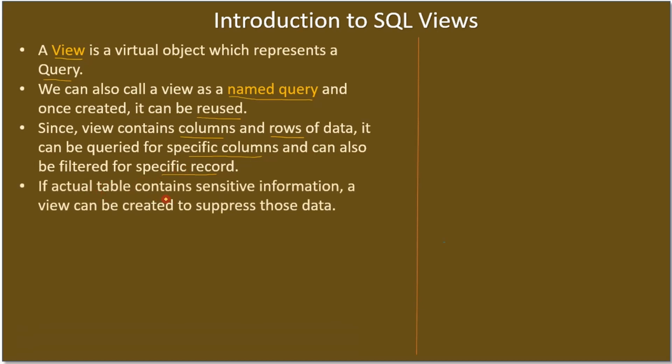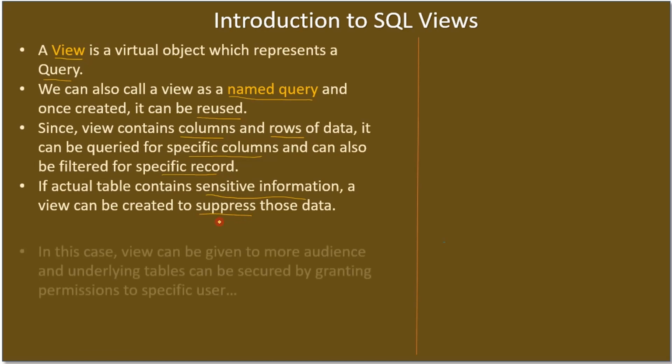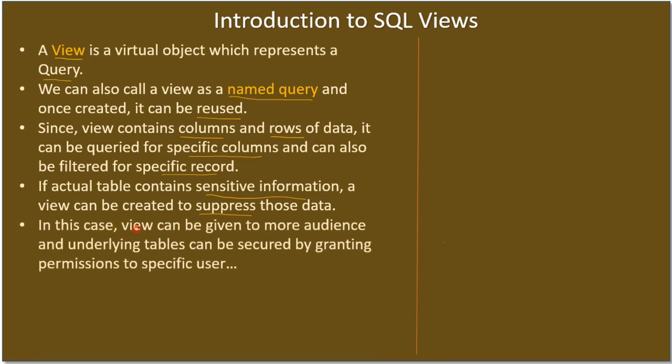If the actual table contains sensitive information, a view can be created to suppress that data. In this case, the view can be given to more audience because the table contains sensitive information.